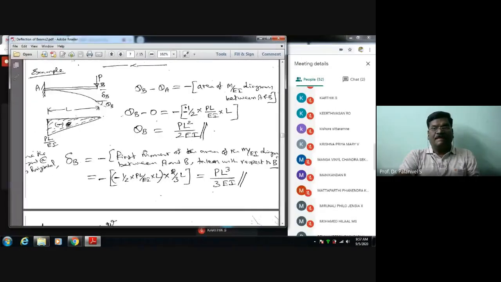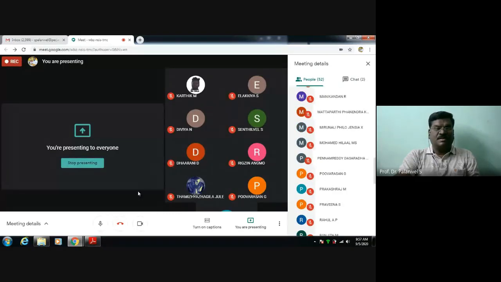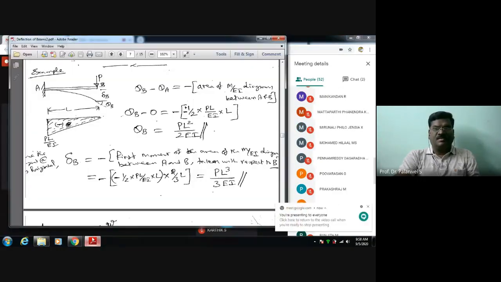So delta B is equal to the vertical offset, nothing but the deflection at point B. Delta B is equal to minus the moment of the area of the M by EI diagram between A and B taken with respect to B. I have written here. That is equal to minus of minus, because the moment diagram is with negative sign, as it is a hogging moment.